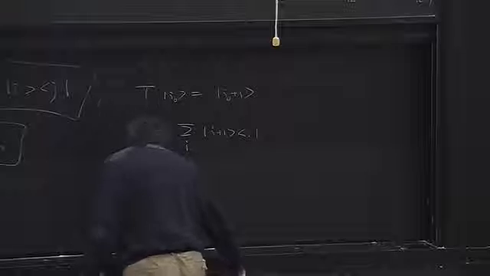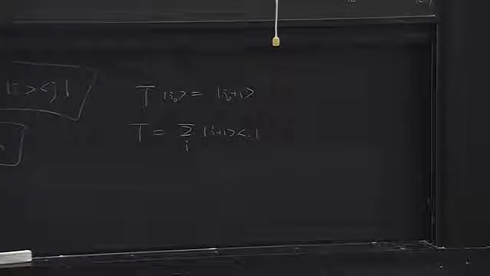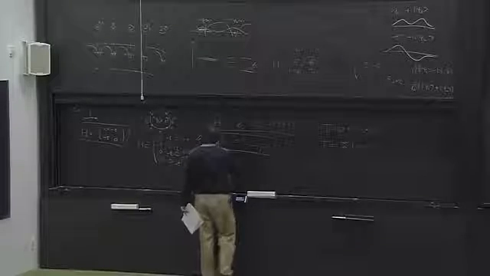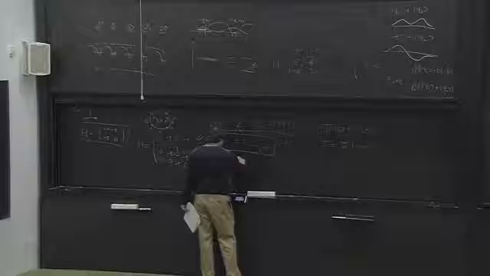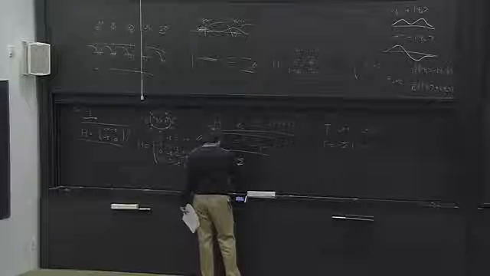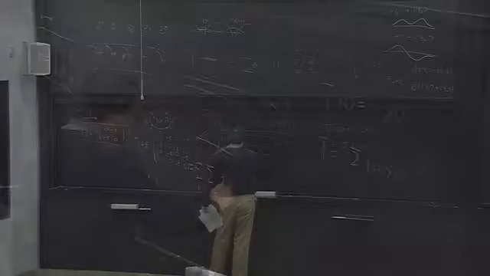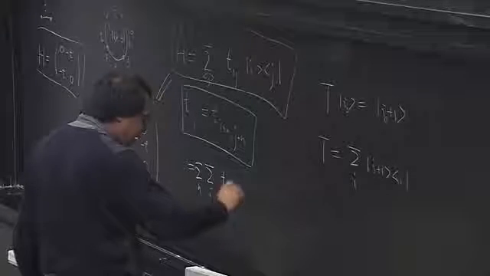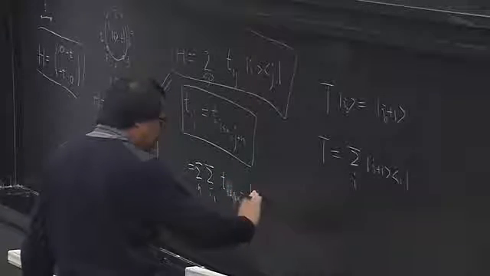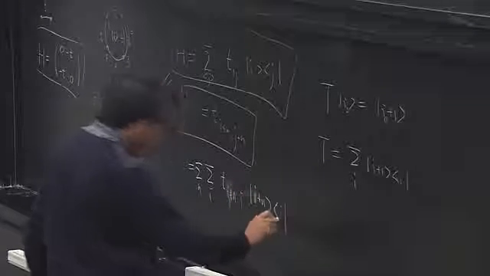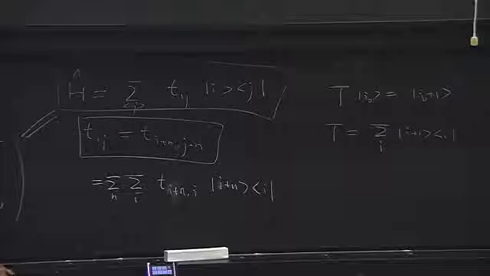And also, because my T_ij has this property of being translation invariant, we can write this as a summation over i and a summation over n of T_{i+n,i}.